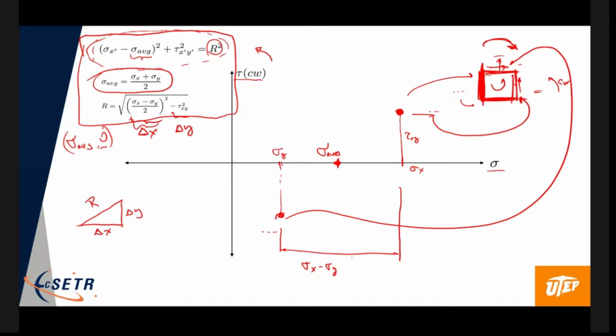And then half of the distance is this leg. So this is sigma X minus sigma Y over 2. So that's that distance. And then tau xy is the Y distance. And so you can see right here, this is the radius, or likewise, this is the radius. Okay, so the circle contains these points.